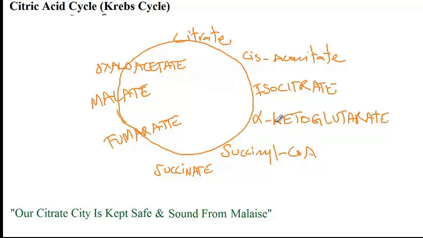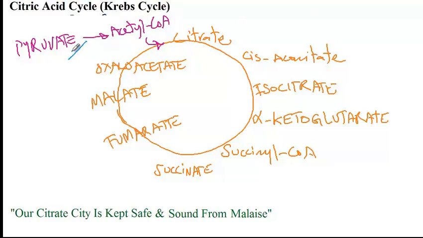You should also know which of these reactions are releasing NADH, FADH2, or ATP. So let me show you again. We had pyruvate here that yielded acetyl coenzyme A, and now it has entered the citric acid cycle. So before entering the citric acid cycle, we got an NADH right here and a CO2.